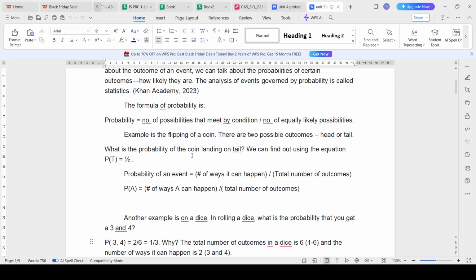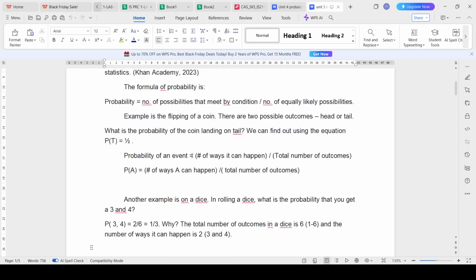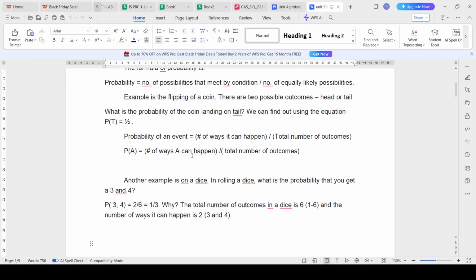So P(3,4) equals 2, that's 3 and 4, divided by the total number of possible outcomes, which is 6. So 2 over 6 is 1 over 3 reduced to lowest form. Why? The total number of outcomes in a dice is 6, that's 1 to 6, and the number of ways it can happen is 2, which is 3 and 4.